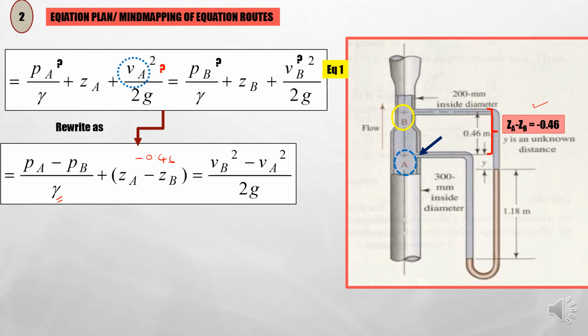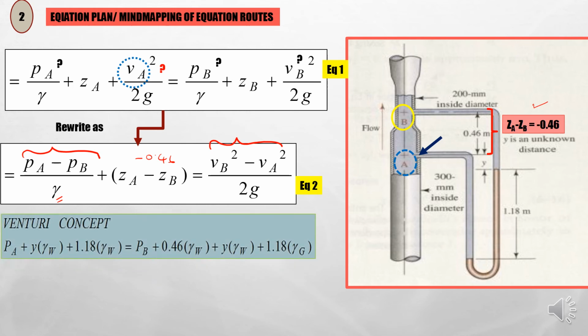From this equation, we still have not managed to solve it because we don't have complete information about this term and this term. What we can do is combine it with an equation using the Venturi concept, or rather the manometer concept.